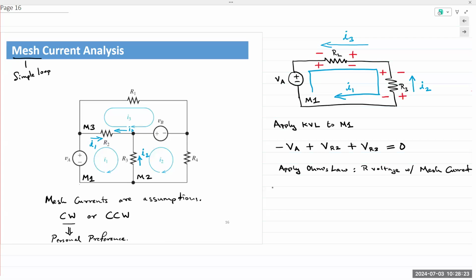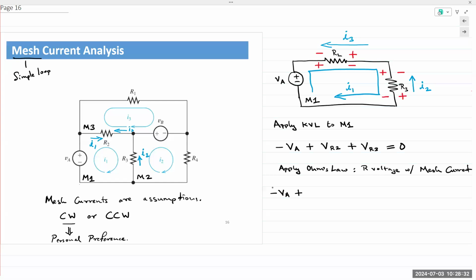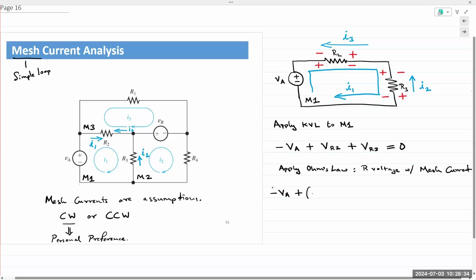Okay, so minus VA because that's the source, and VR2 is due to R2. V equals IR. In this case, it will be I1 minus I3 times R2. And here, it will be I1 minus I2 times R3 equal to 0.